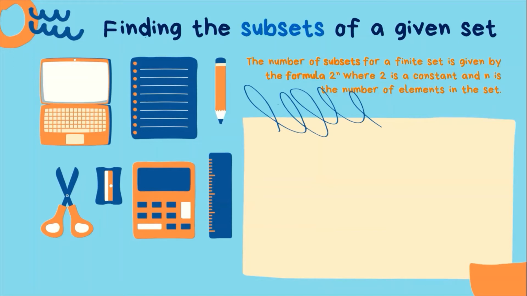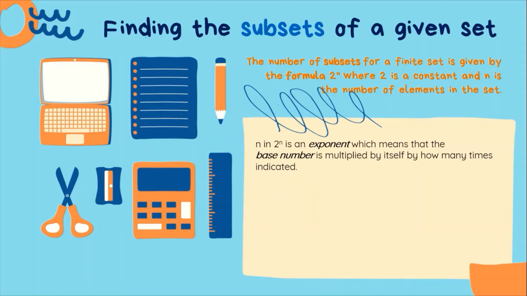So, yung 2 ay constant, hindi siya mababago, at yung n naman ay depende sa kung ilan yung elements ni given set. N in 2 raised to n is an exponent, which means that the base number, in this case yung 2, which is a constant, is multiplied by itself by how many times indicated.